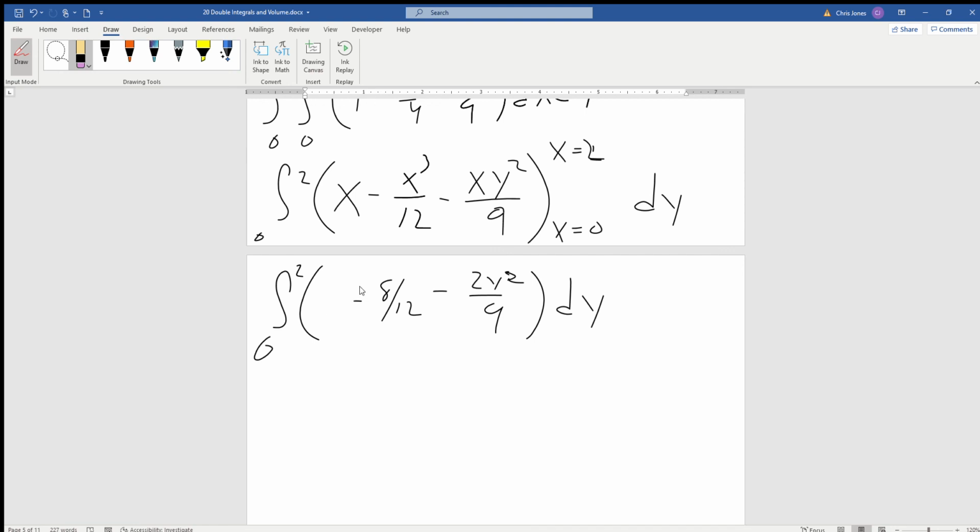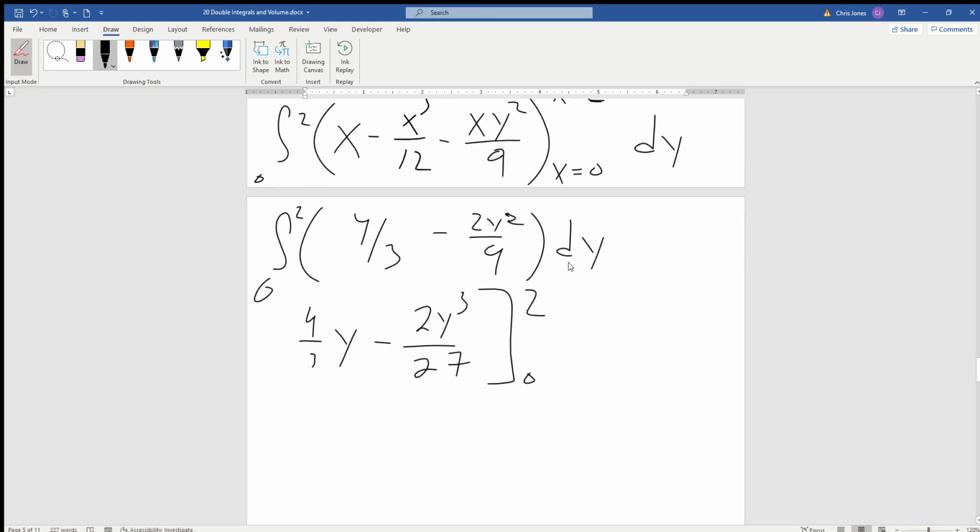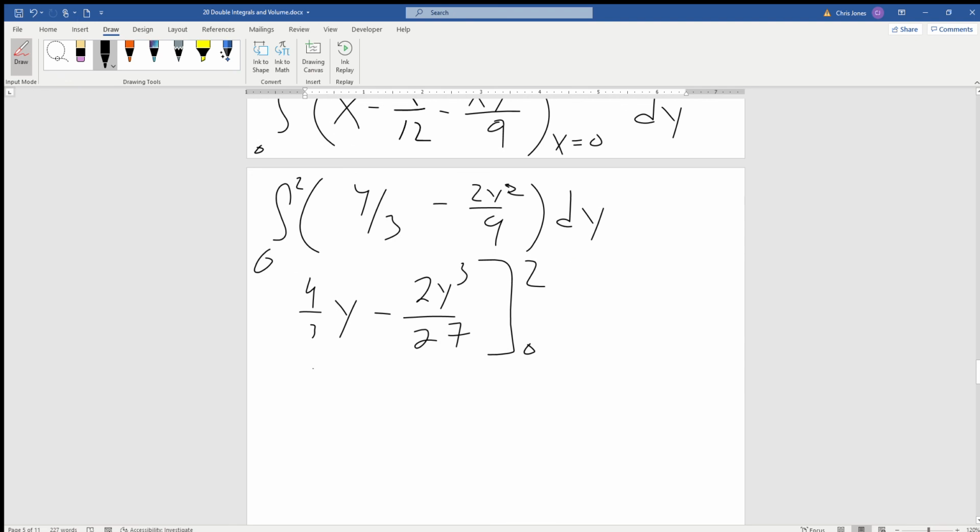So let's rewrite this as 4/3. Now we're going to integrate with respect to y. So that's 4/3 y minus 2y cubed over 27 from 0 to 2. We substitute 2, 0 wipes it out, so we get 8/3 minus 16/27, and then technically minus 0.